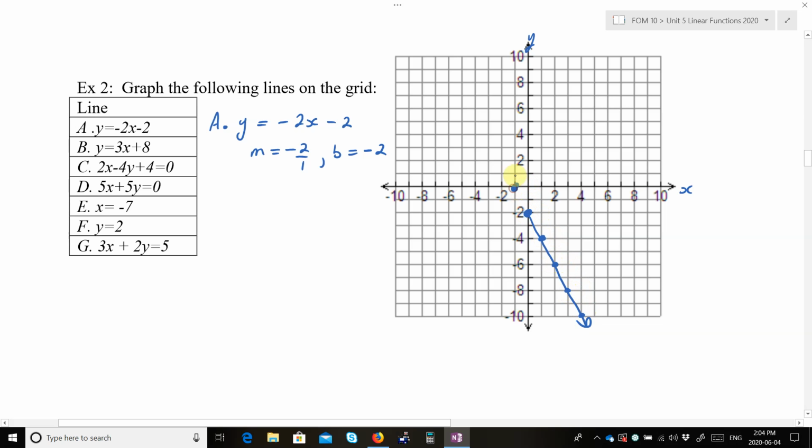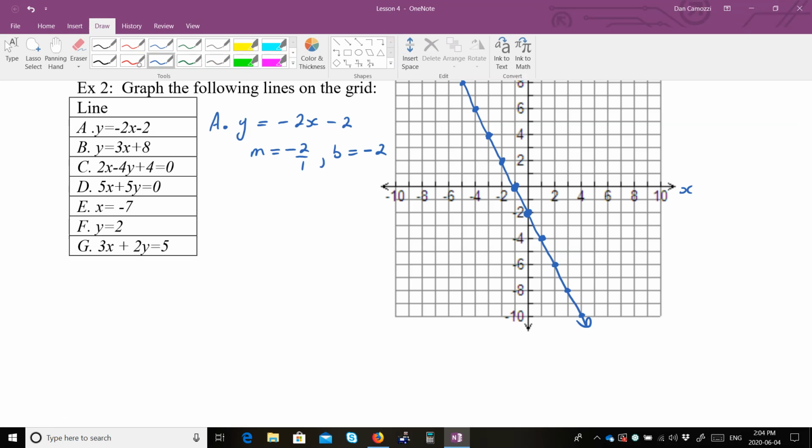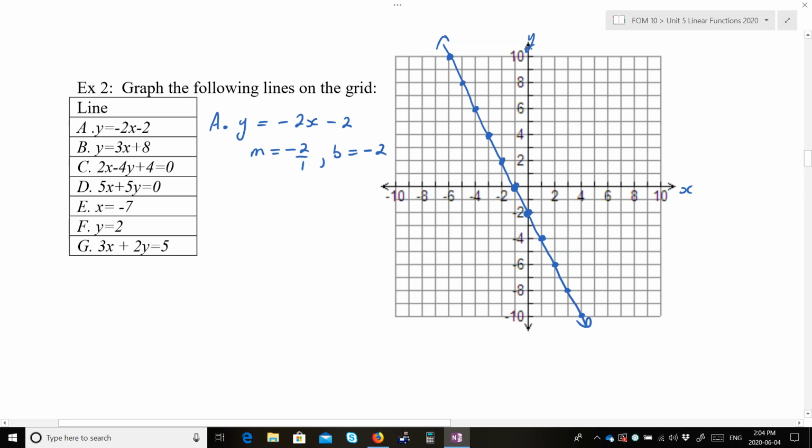So I'll go up 2, 1 left, up 2, 1 left. Okay, so that is graph A.